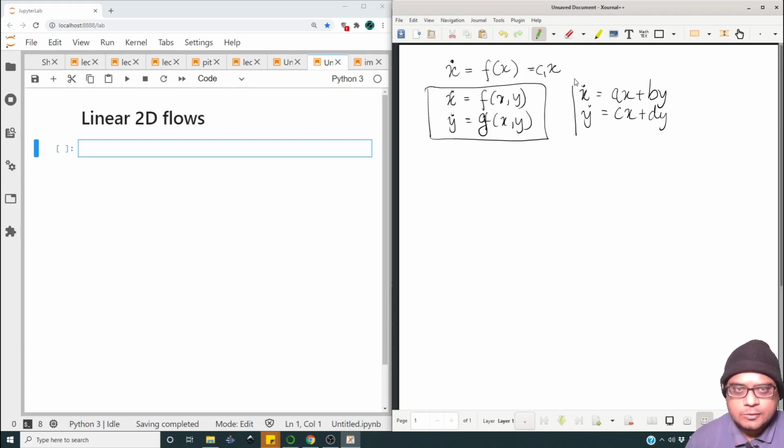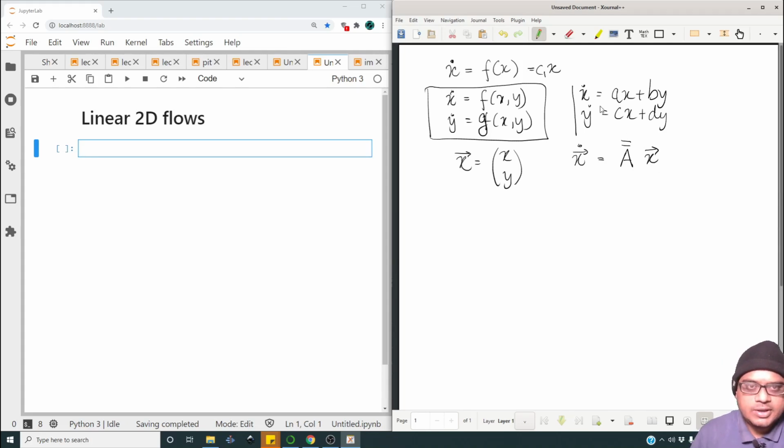Once we have cast the equation in this linear form, we can write it down in matrix form. The x vector is the vector (x, y), and x vector dot is some matrix times the x vector.